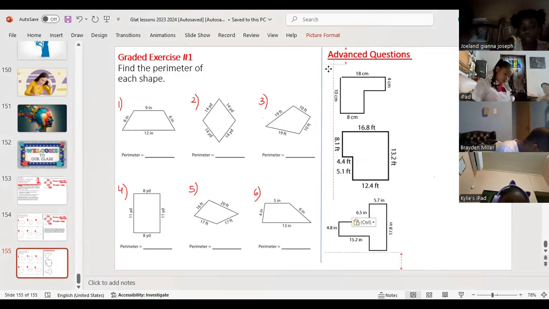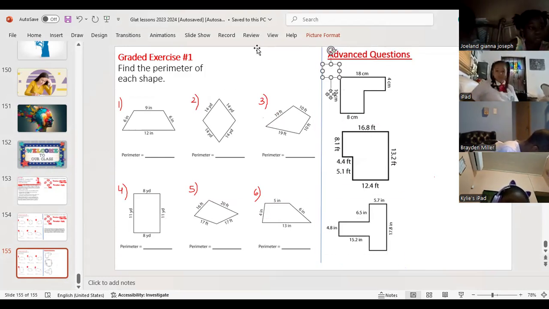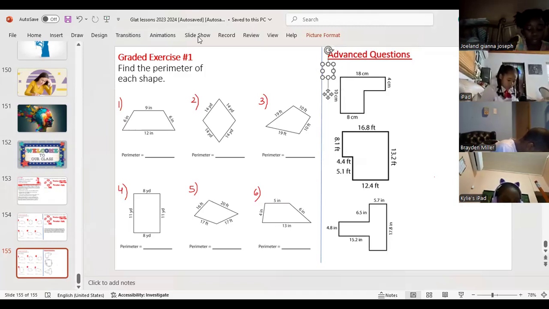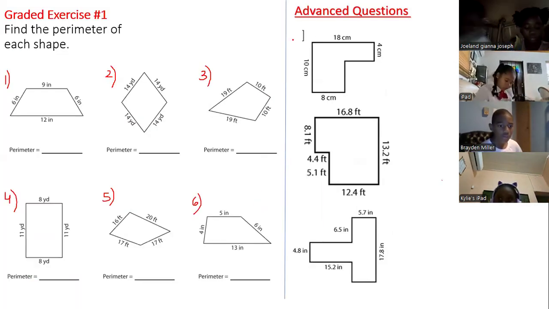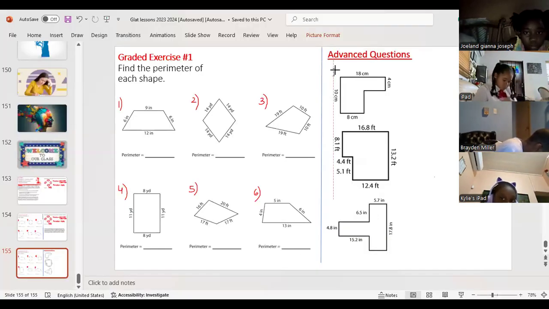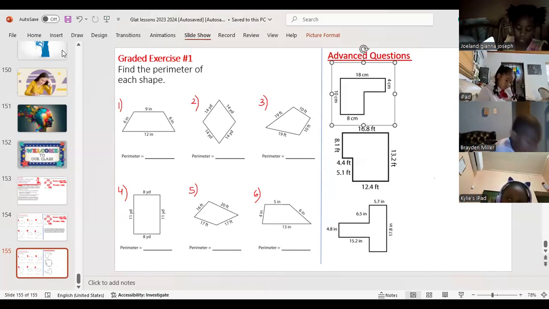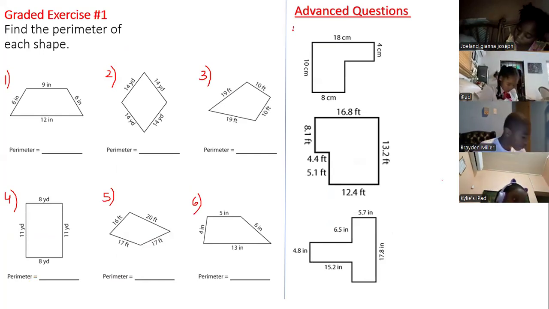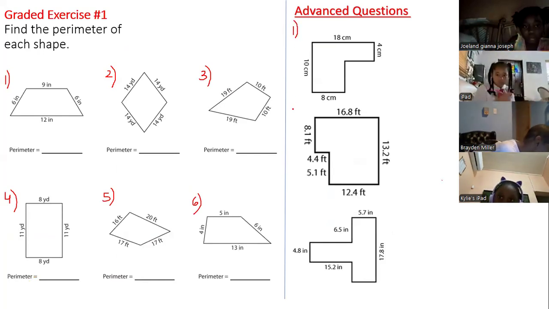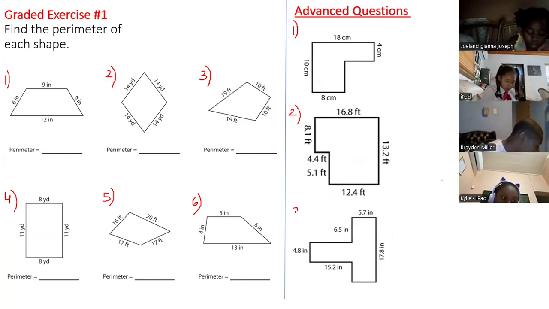So we're going to say that this is number 1. This is number 2. This is number 3.